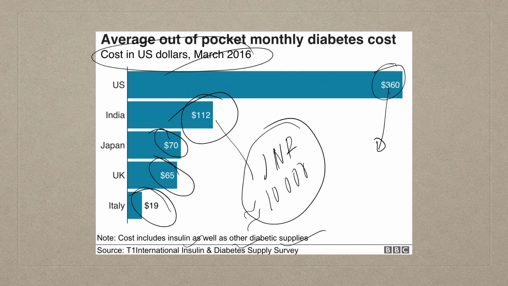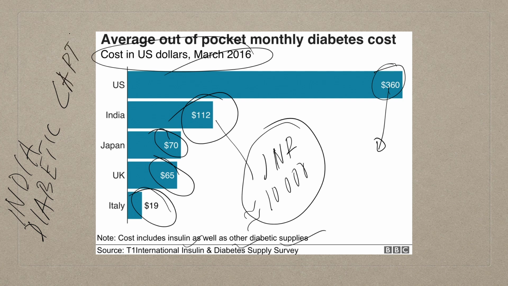So these are some of the major challenges humanity is going to face as more and more cases of diabetes are increasing. And mind it, India is the diabetic capital of the world.